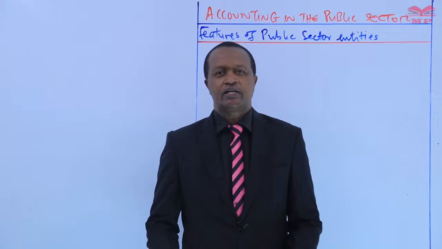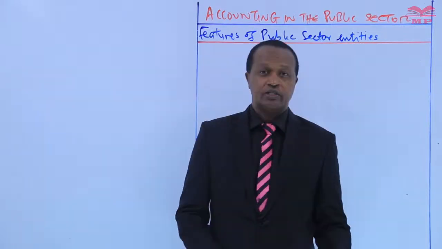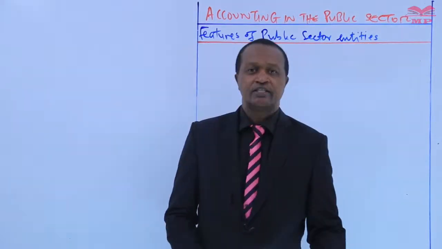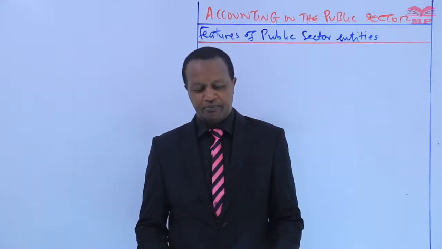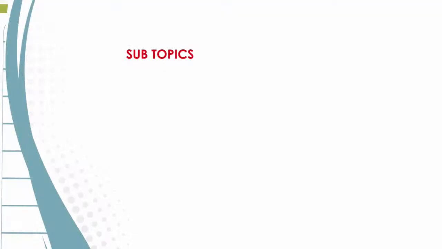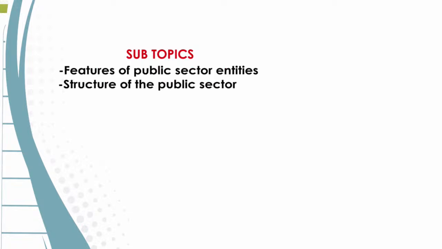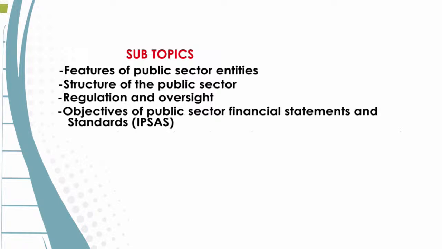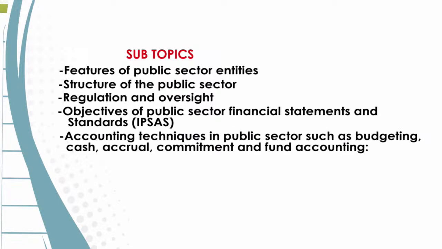Hello everyone and welcome to the lesson. Today we are going to introduce a new chapter known as Accounting in the Public Sector. This topic has 5 subtopics: first, features of public sector entities; second, structure of the public sector; third, regulation and oversight; fourth, objectives of public sector financial statements and standards, the IPSAS; and fifth, accounting techniques in public sector such as budgeting, cash, accrual, commitment, and fund accounting.